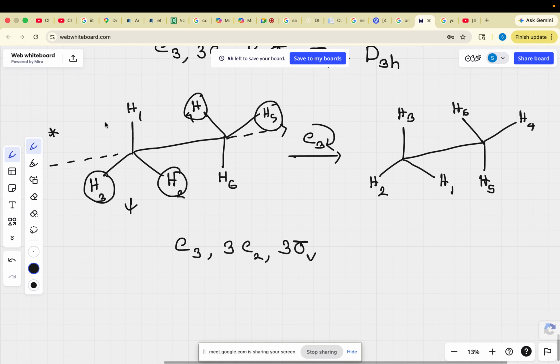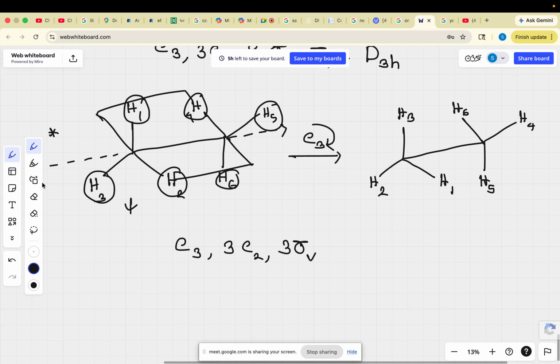Suppose I am passing a plane through H2 and H4. So what is happening? That time this H1 is becoming the mirror image of your H3, and this H5 is becoming the mirror image of your H6. So this is another sigma v plane.